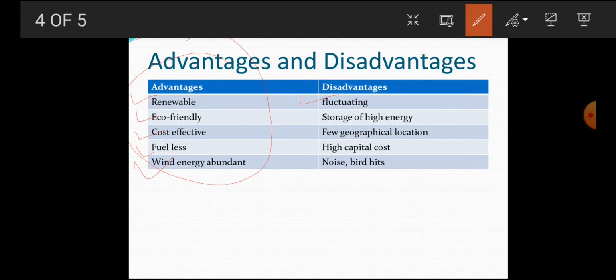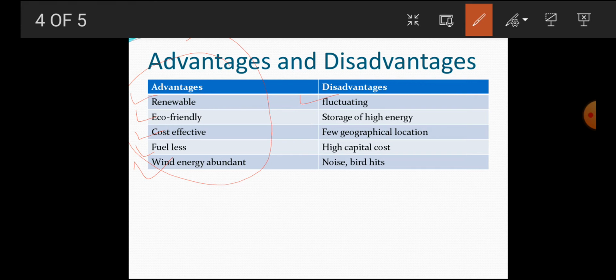So it is a disadvantage over sunlight, that in sunlight you know how much intensity of sunlight you will get. The sunlight is constant but wind energy is very fluctuating.